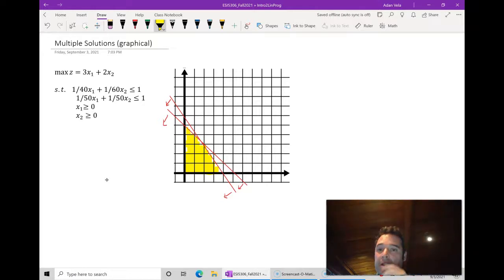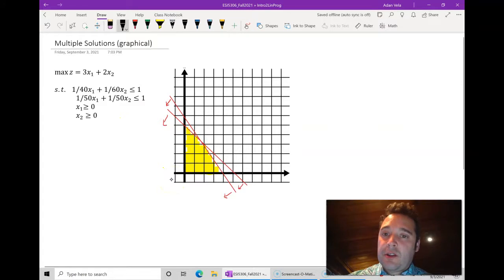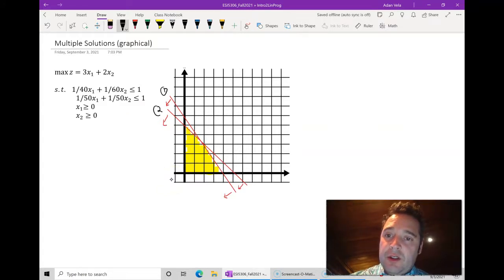Okay, so at this point, we can draw in our isoline corresponding to the cost equation. I'm going to do one more thing. I'm going to label these. So this is constraint 1, and this is constraint 2.